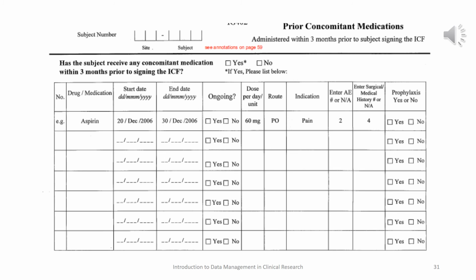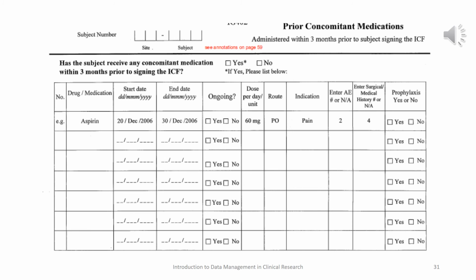This page would be an example of a concomitant medication page that we might fill out for a paper study. As you can see in the first row, we would want to indicate the number, just 1, 2, 3, 4, and on down the list, and then the name of the medication. In this case, the example shows that aspirin is what the subject was taking. We enter a start date and an end date, and then we indicate whether or not it is ongoing, yes or no. If there's an end date there, then we want to check ongoing no, because they're no longer taking it.